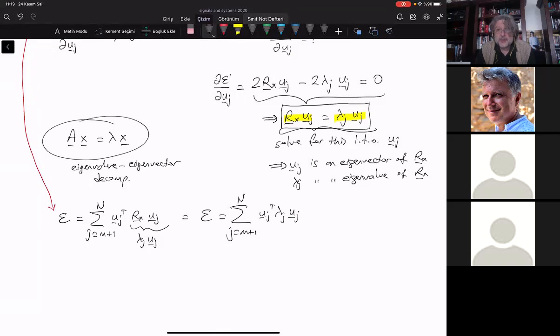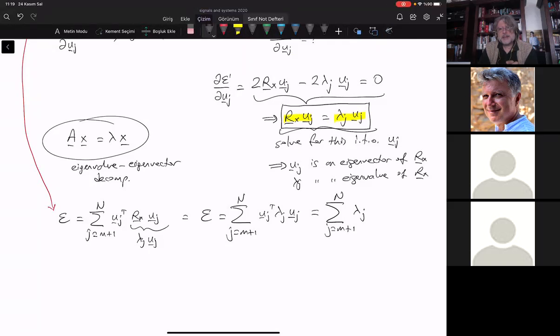What is uj transpose times uj? For every j, it is 1. So this is the same as writing it like the sum from m plus 1 to n of lambda j only, times 1. Now, therefore, the error that we make by cropping from the point of m is the summation of all the eigenvalues from m plus 1 to n.